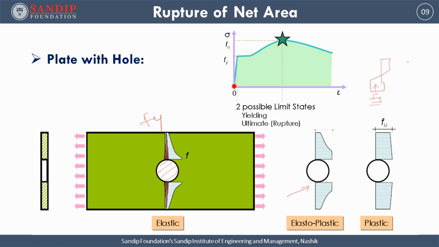This elastoplastic region will be converted into a plastic region, and the entire fibers of the cross section are subjected to yield stress. Not only the extreme fibers, but all fibers are at yield stress value. This is what a plastic section means, and at this level the section will give up and the plate will fail due to rupture of net area.